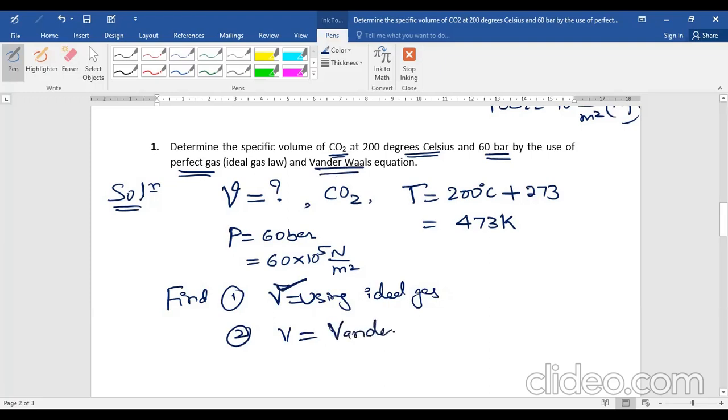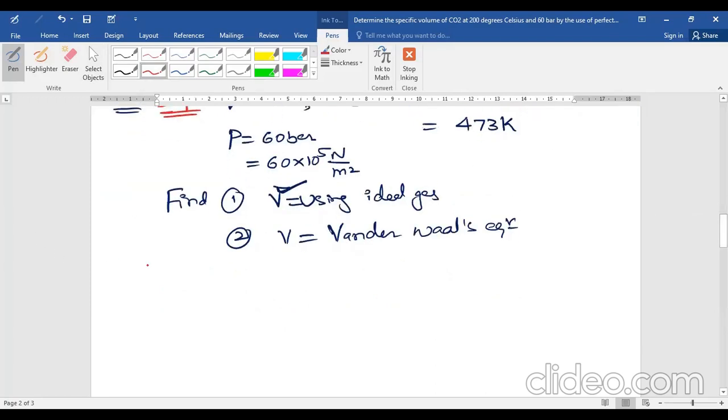We have now discussed Vander Waals constants. So first, I will solve for specific volume using the ideal gas equation. This is step number 1, and then step number 2.